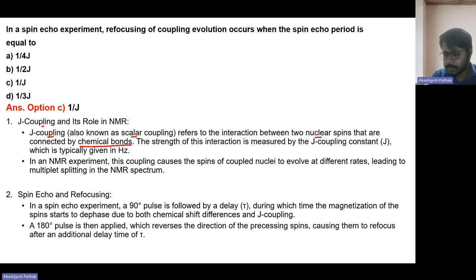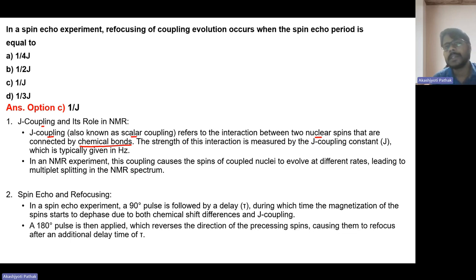When the nuclei were separated from each other by a distance within 5 to 6 angstrom, less than 6 angstrom, then you will be able to see the nuclear Overhauser effect, or the polarization transfer will take place.